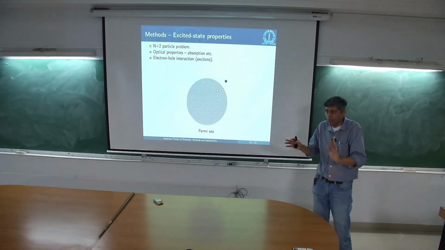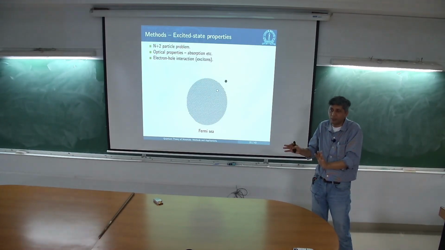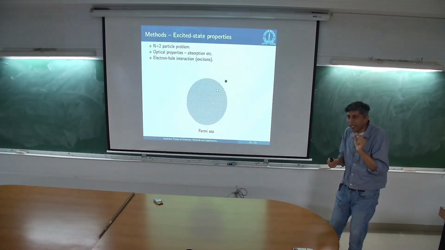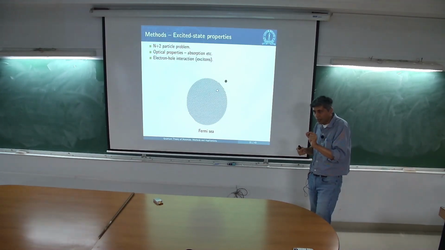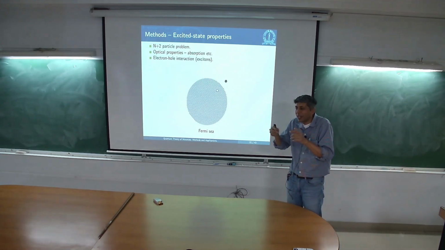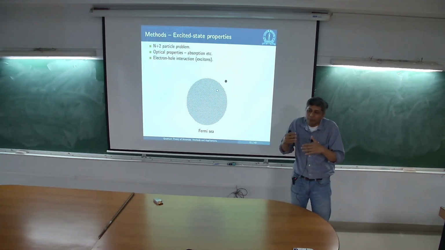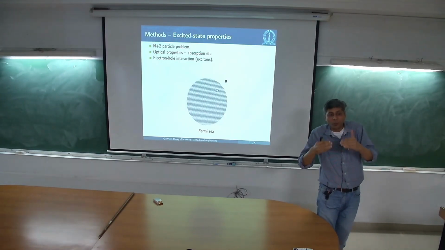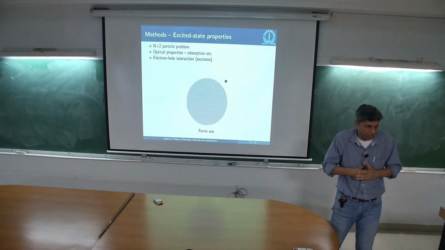The only issue is that we don't know VXC very well, and now we want it time-dependent, which makes life a little more complicated, and there are not as good approximations as we had for the ground state.